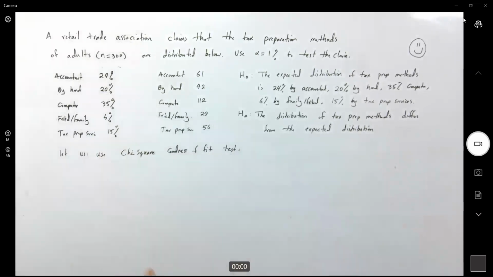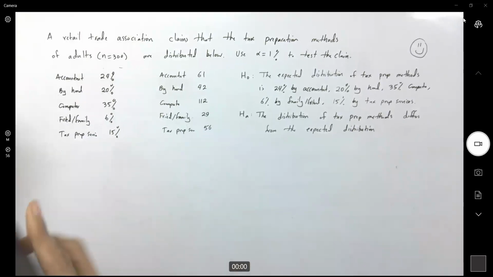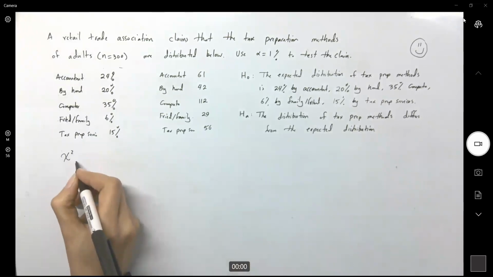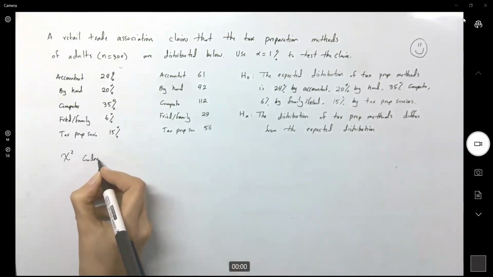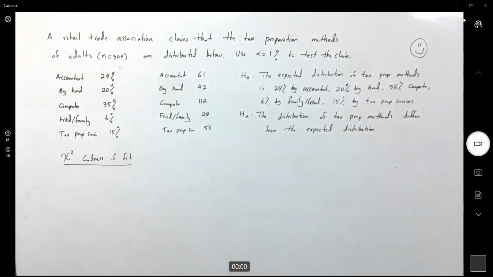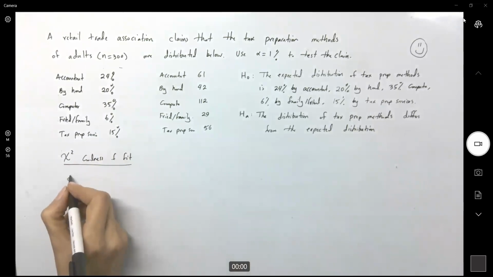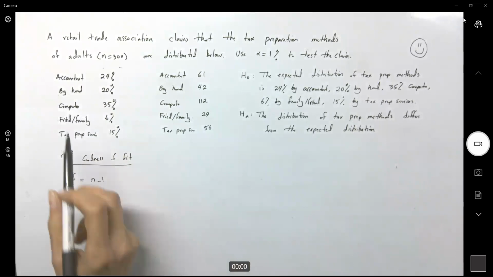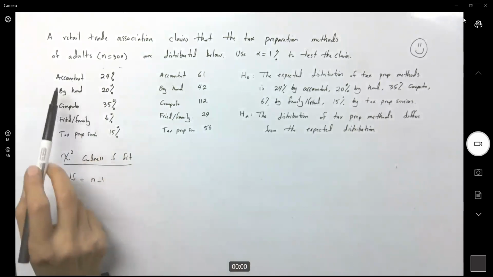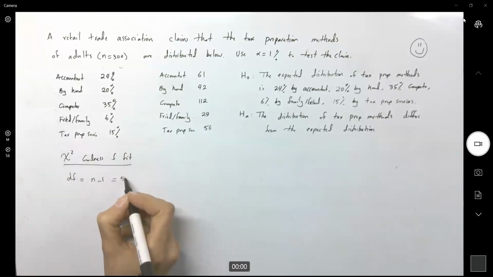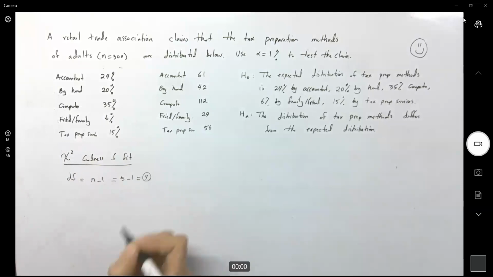So what are we going to do? Let's just move this a little bit down here. Chi-square goodness of fit. What do we need? We need to know our degrees of freedom. The degrees of freedom is equal to n minus 1. N is the number of categories that you have. We have 1, 2, 3, 4, 5 categories, so it is 5 minus 1, or 4.